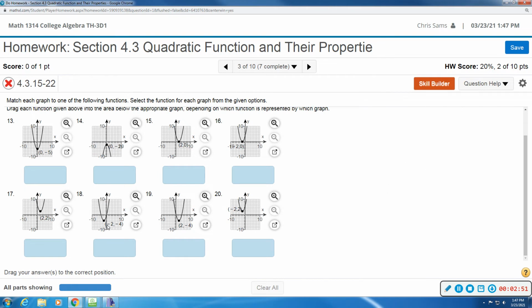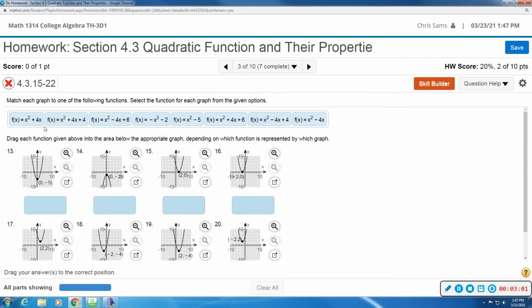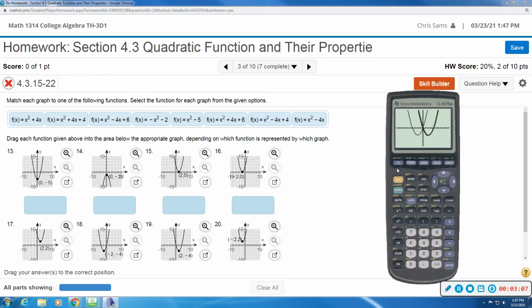You also have one ordered pair, this -2, -4. If you were to plug in -2 for x in this equation, we would get a -4 for y. We can see that from the graph. If I go to the second graph and see the table and go up to -2, the first equation, y1, shows me a -4.